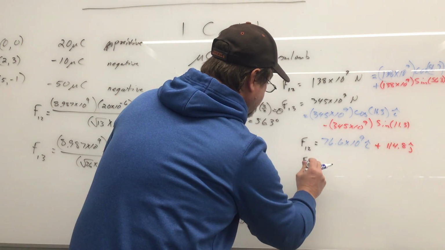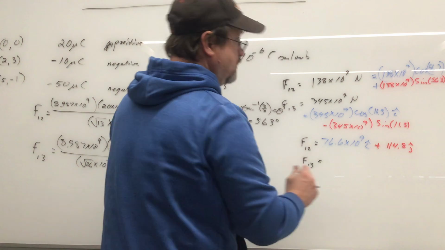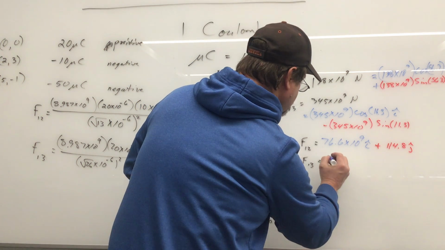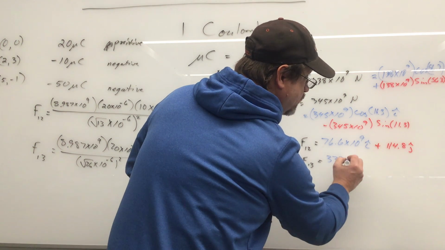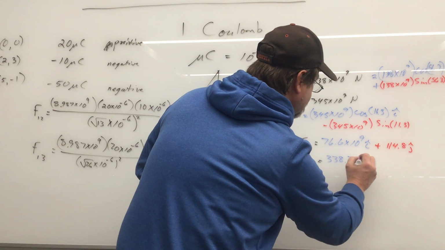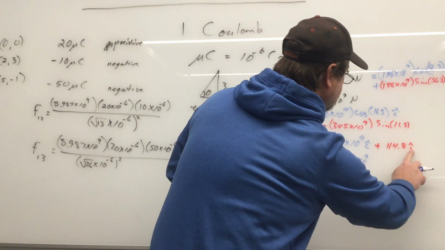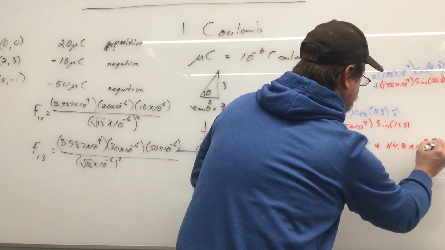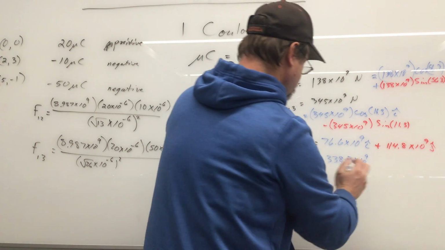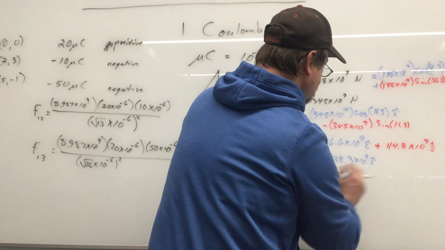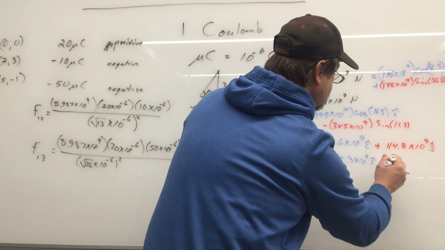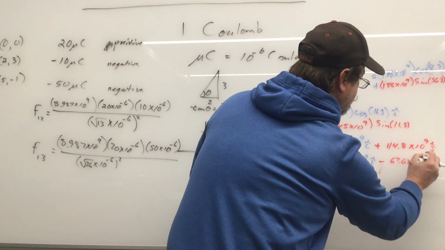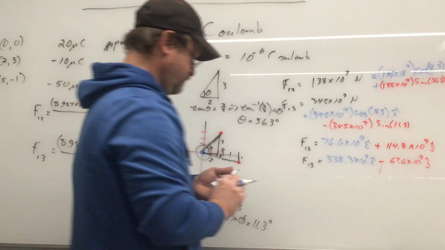And F13 is 338.3 times 10 to the 9. Oops, I didn't put the times 10 to the 9 here. Minus 67.6 times 10 to the 9 j hat.